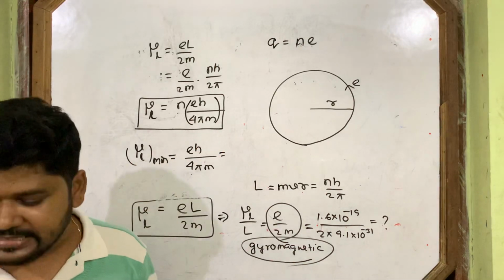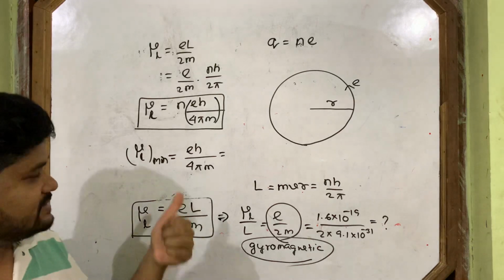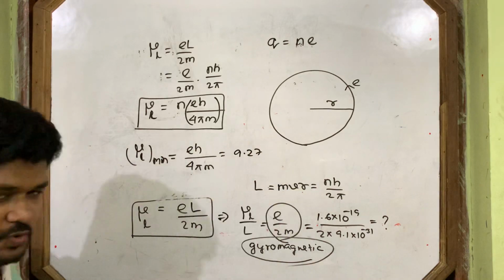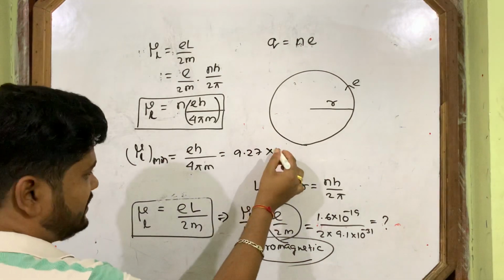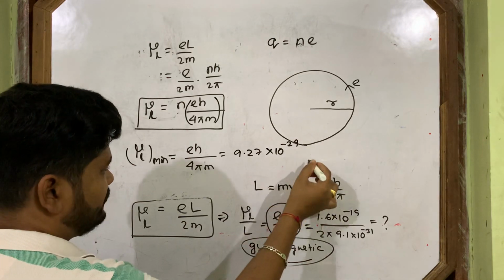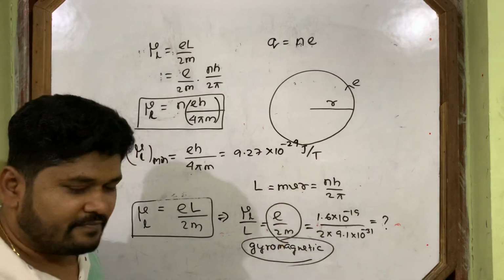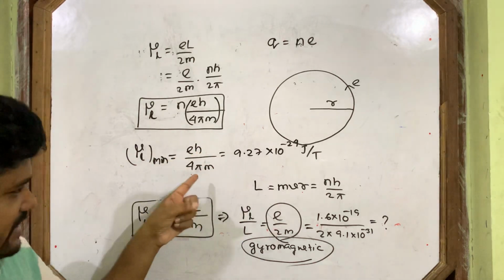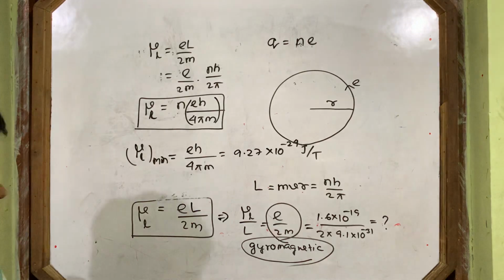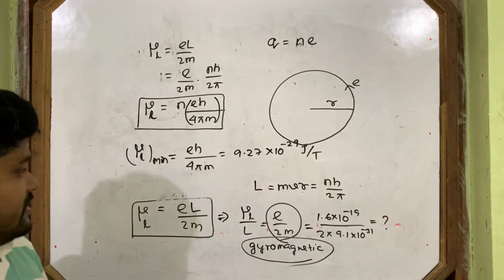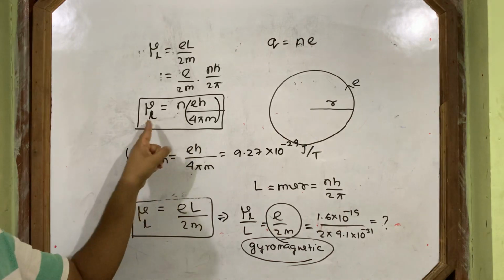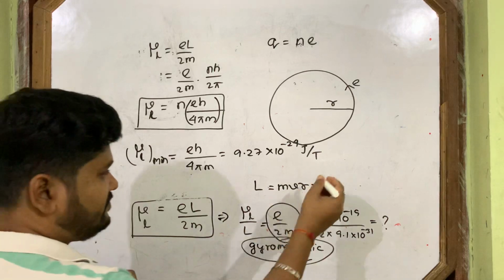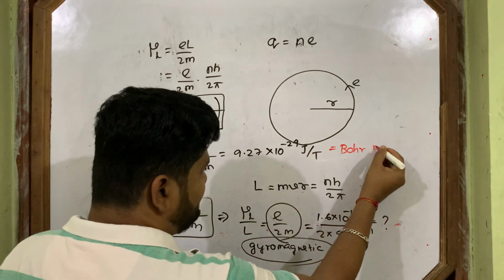If you put the values of h, Planck's constant, m, mass, and e, the electronic charge, you will get at last 9.27 into 10 to the power minus 24 joule per Tesla. So this is the minimum value of orbital magnetic moment, and it is called the Bohr magneton.